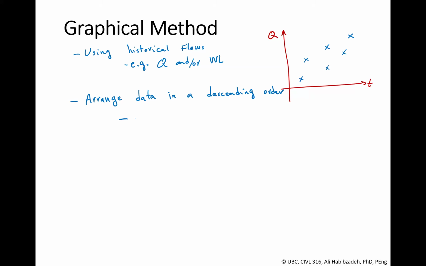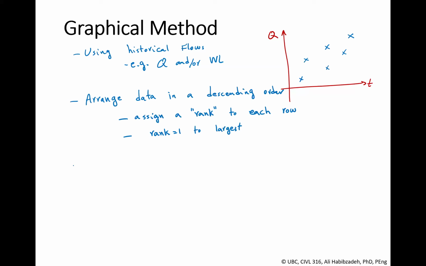And assign a rank to each row. What this means is that rank 1 goes to the largest and rank n to the smallest, and you keep going down.